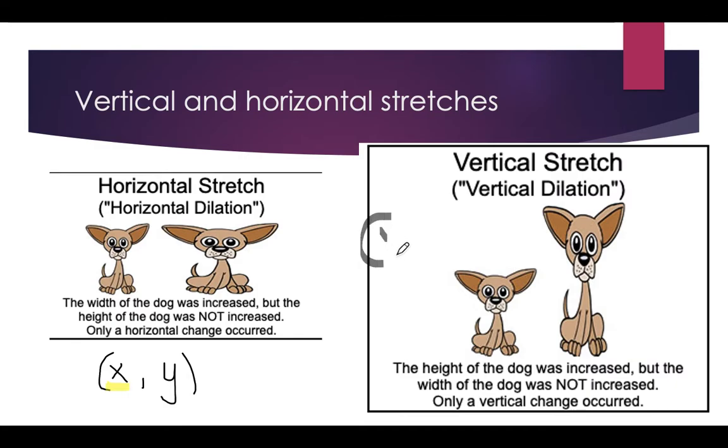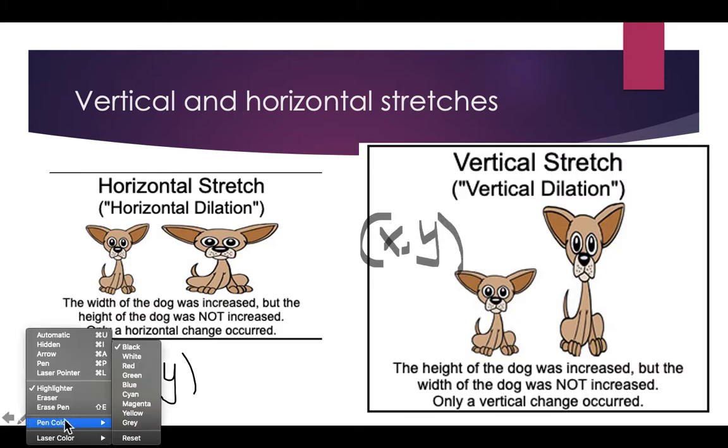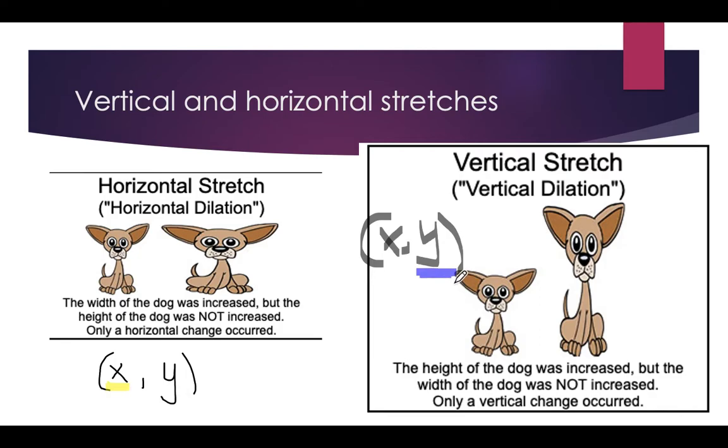So here's my ordered pair, x, y. If you are stretching a figure vertically, the only coordinate that is going to change is your y-axis, because when we talk about the vertical direction, we're thinking of the y-axis only.